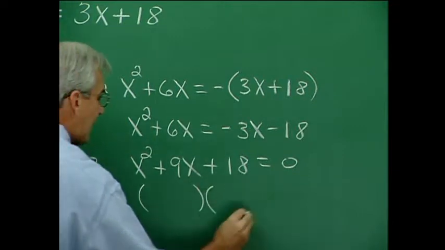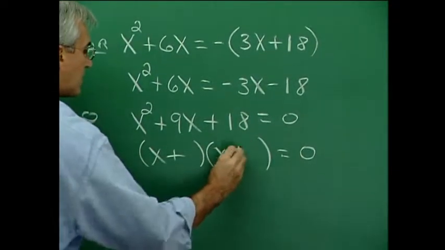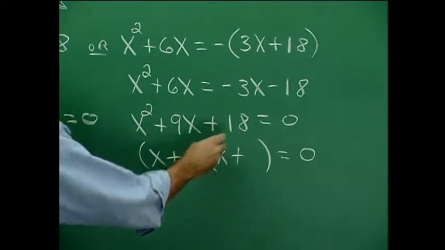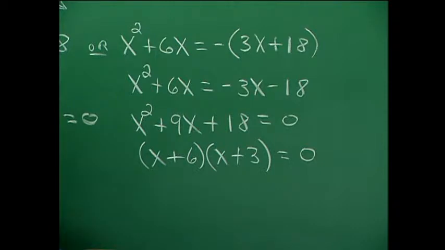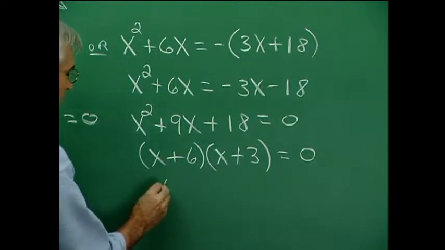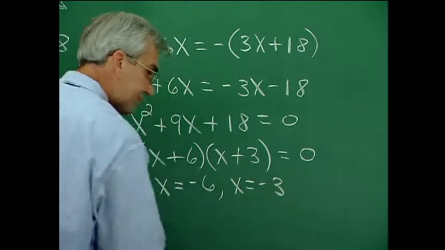And once again, factoring, all signs are plus, so we have the plus-plus combination. Factors of 18, again, the 6-3 combination is what works here. Values of x that cause each factor to become 0: x is negative 6, x is negative 3.